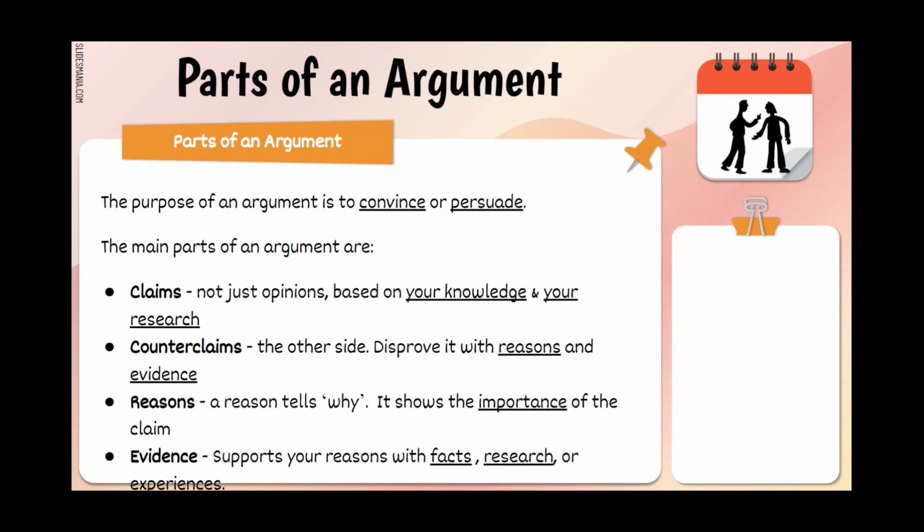The main parts of an argument are claims, not just opinions based on your own knowledge and your research. Counterclaims: the other side. Disprove it with reasons and evidence. Reasons: a reason tells why. It shows the importance of the claim. Evidence: it supports your reasons with facts, research, or experiences.